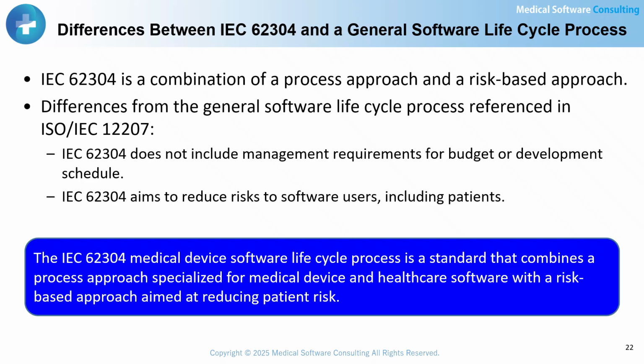In contrast, IEC 62304 does not include such requirements. Instead, IEC 62304 focuses on reducing risks to the users of the software, including patients. In this sense, we can say that IEC 62304 combines a process approach with a risk-based approach, specifically aimed at minimizing patient risk.